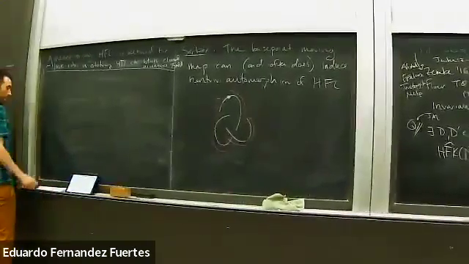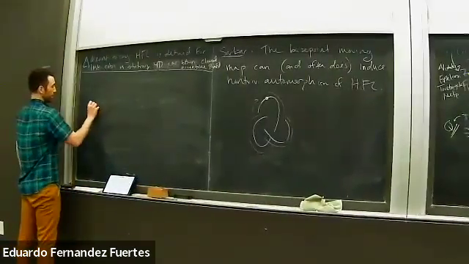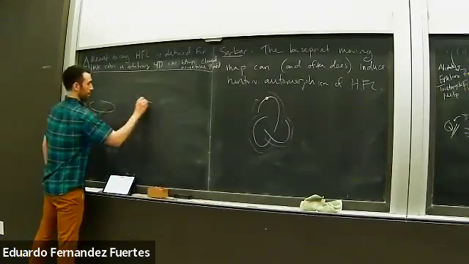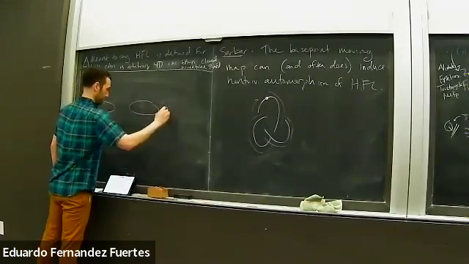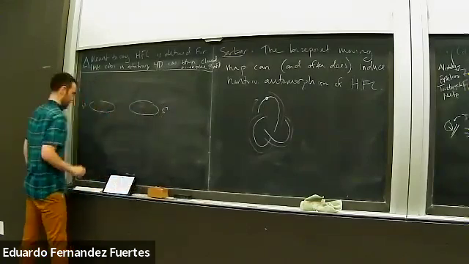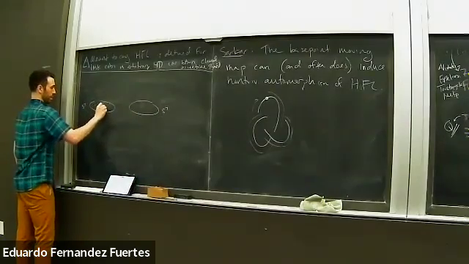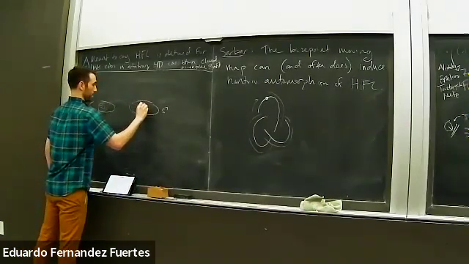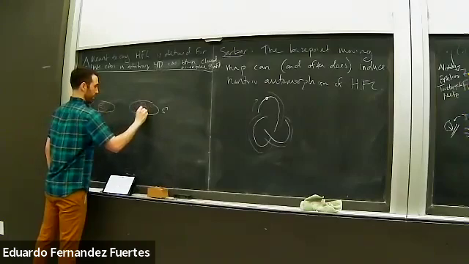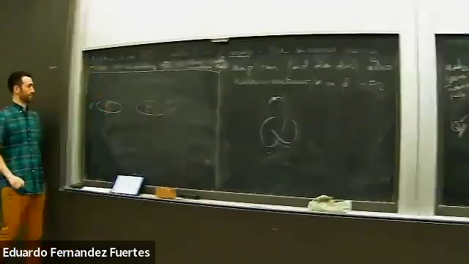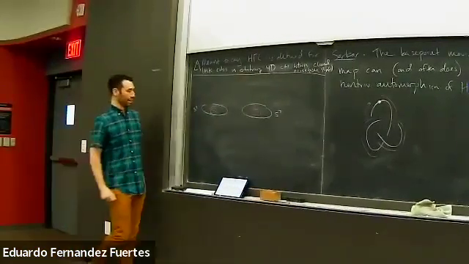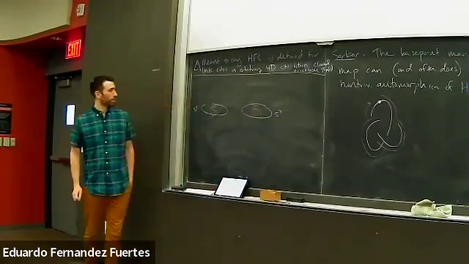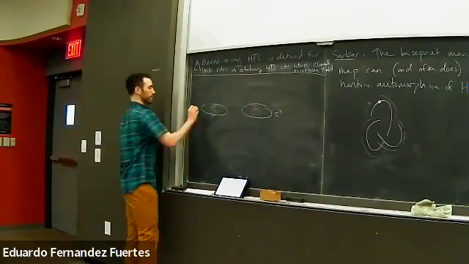So what are they going to do? You're going to start with two copies of S3 and a copy of your knot and a copy of its mirror. It's a big personal victory every time I can actually draw the left-handed trefoil. And now what we're going to do is thicken these up.